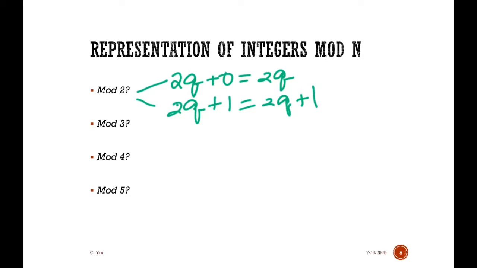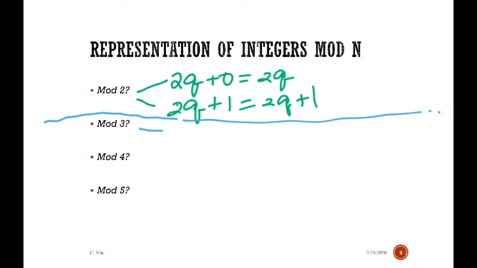And we've seen that before in the previous section, that when you talk about even and odd, you can write it in one of these ways. In fact, it was in the definition itself. But similarly, we can do this when we're doing things, let's say, mod 3. It could be that when I divide something by 3, it goes evenly, so a remainder of 0. I could get a remainder of 1, or I could get a remainder of 2.